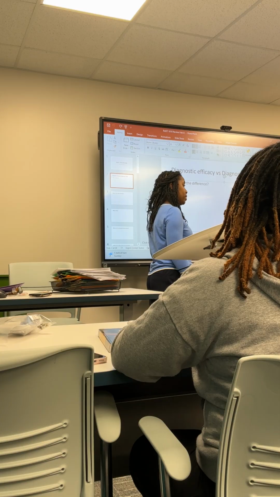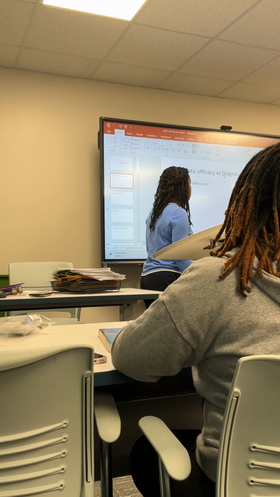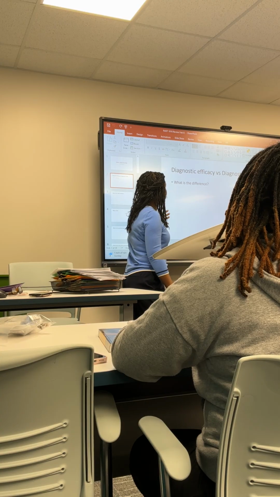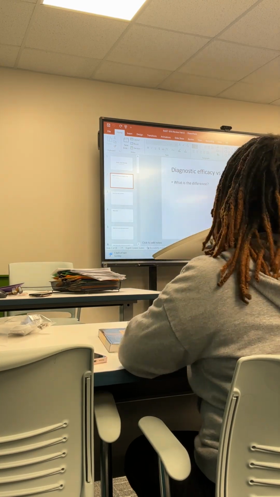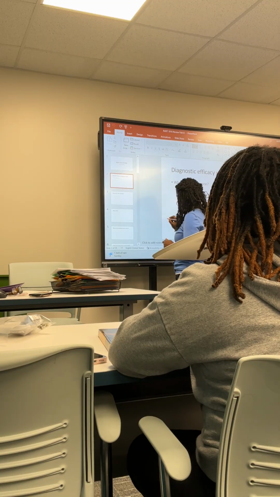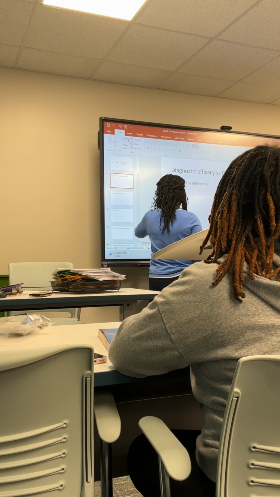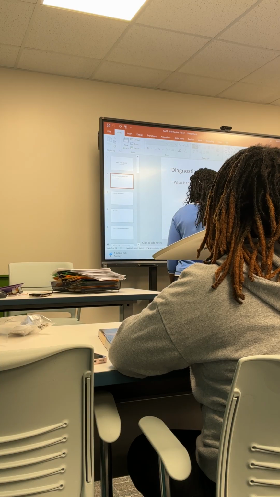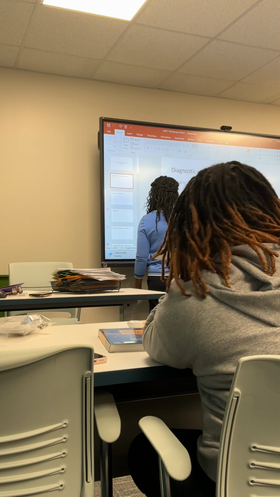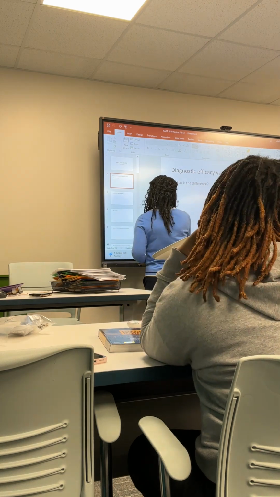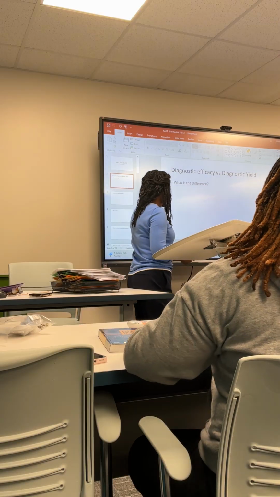Will it erase? It's a dry erase. I might scan this. Y'all don't get me lying. Do the quarter real quick. I don't know, I'm scared. But what if it leaves a mark? What do y'all think? I'm scared.